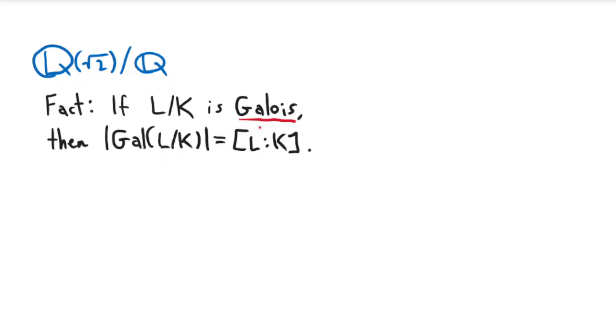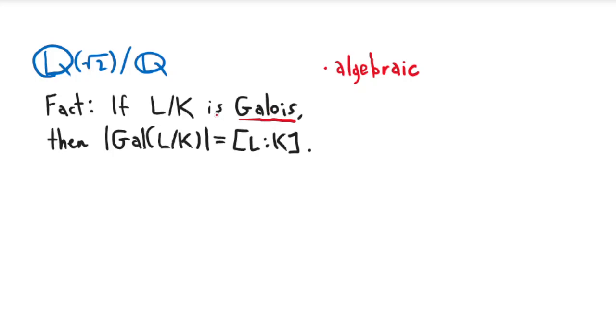First of all, this word Galois refers to basically just a nice enough field extension. And I won't totally go into the details of everything that this means. But basically, this is a type of algebraic extension.